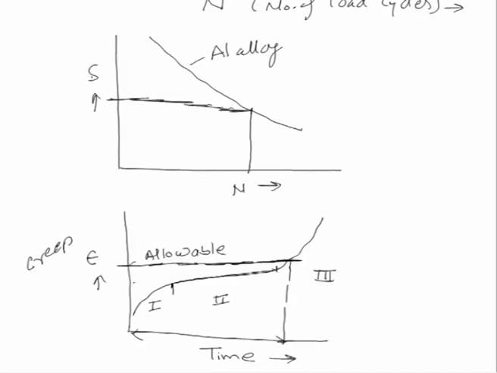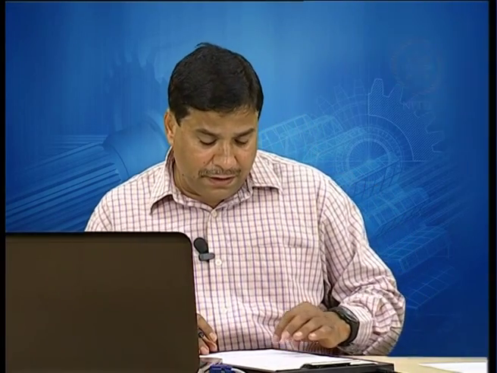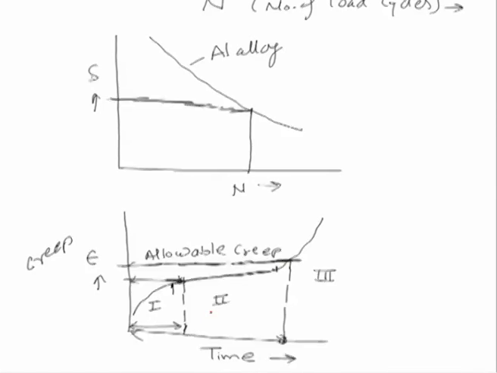And if the allowable creep strain is on the lower side, say just this much, then the failure of the component under the creep conditions will take place just after this much time. So, depending upon the allowable creep value, the creep life will be decided.